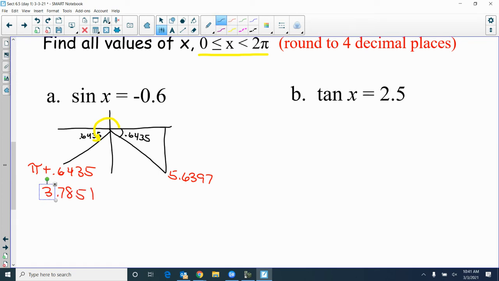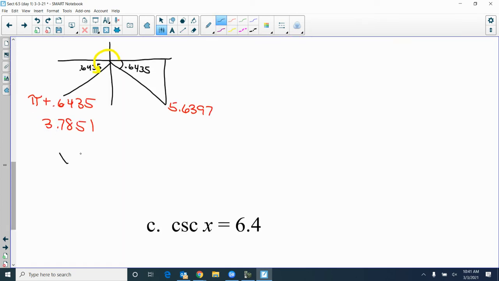So my two answers are x equals 3.7851 and 5.6397.